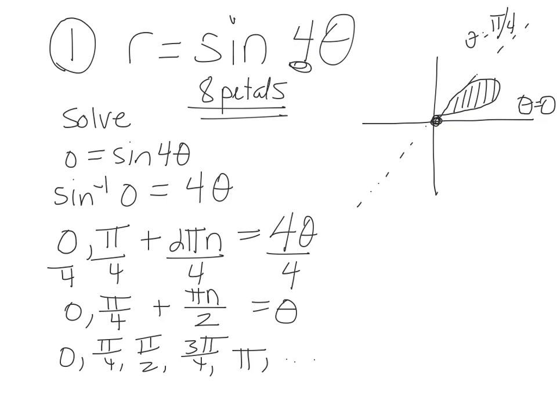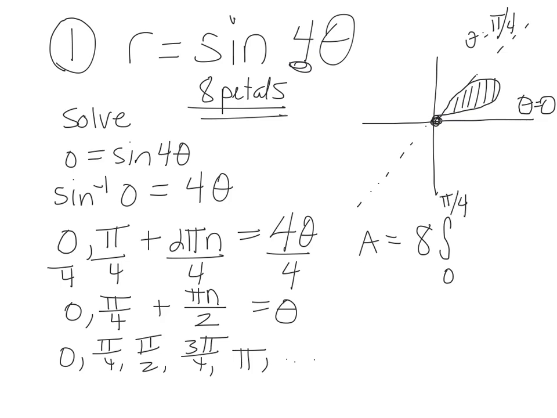So my area is going to equal 8 times the integral from. The lower and upper limits of the integral are the theta values when I'm hitting that pole, where I'm starting and ending, finding that area. So I'm starting at 0 and I'm going to pi over 4.